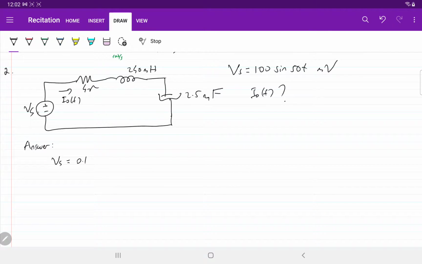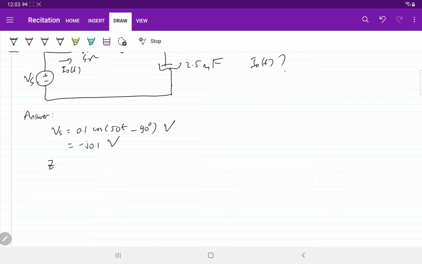So 0.1 volt cosine 50t minus 90 degrees volt. So this is equal to minus j 0.1 volt.